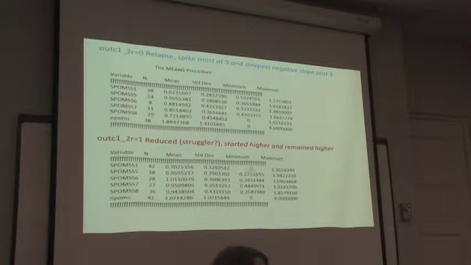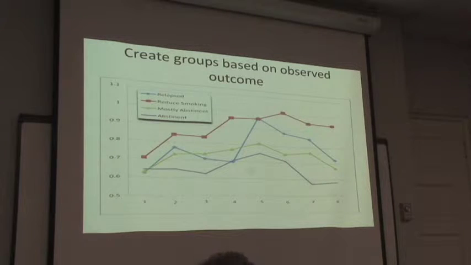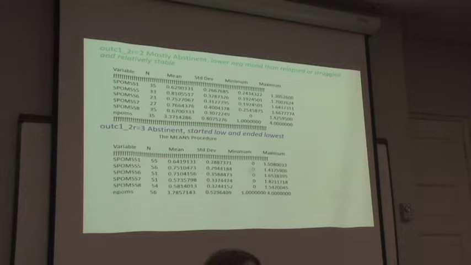So these are the descriptives just telling you the same thing. Relapsers spike most at 5, but they have the steepest negative slope post-session 5, post-quit date. Strugglers start higher and remain higher. You can look at the picture, right, the red. Mostly abstinent had lower negative mood in the beginning. So I'm just reading the descriptives, right, summarizing the descriptives.